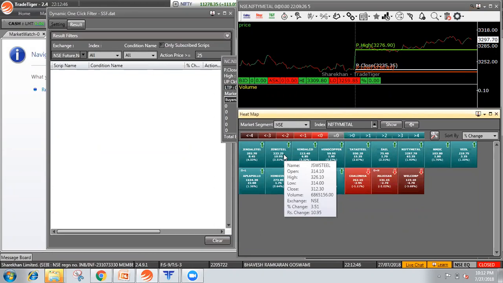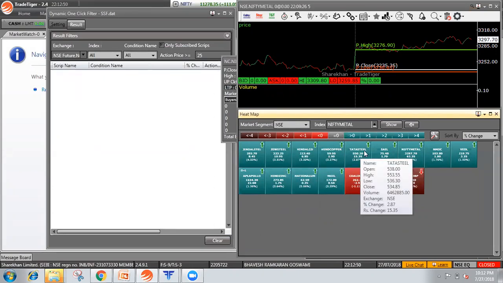VDL did not work, but Tata Steel worked. If Tata Steel comes to the trending high of the day, then you have to take a buy call, because the sector is 1% up and the stock is 2% up. Again, the criteria required: the sector should be 1% up and the stock should be 2% up. That's the main criteria.